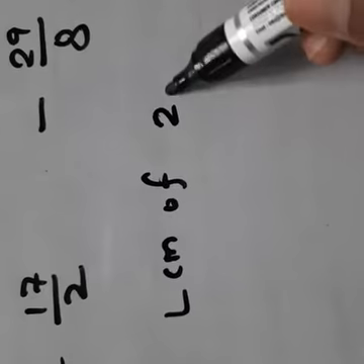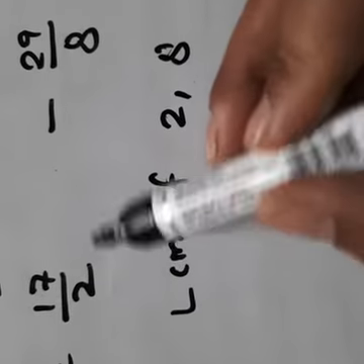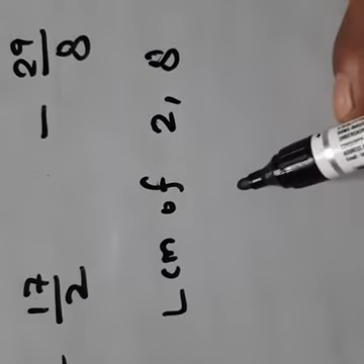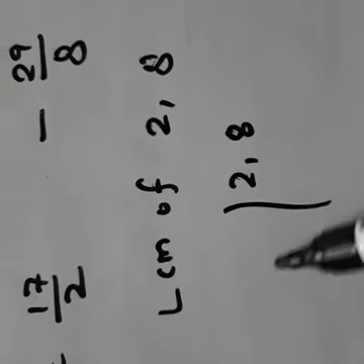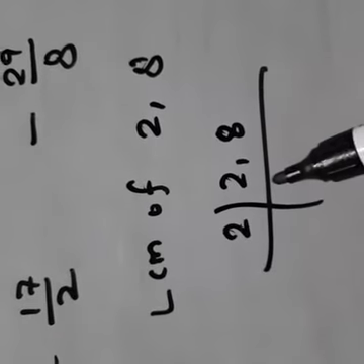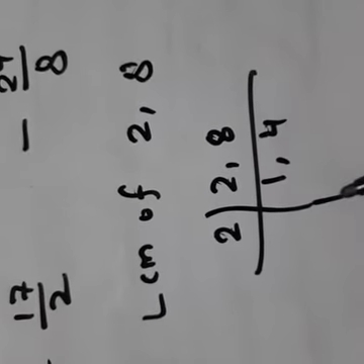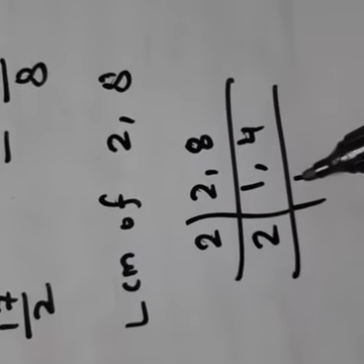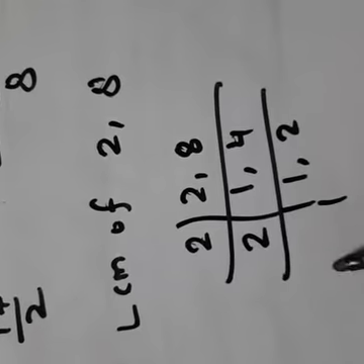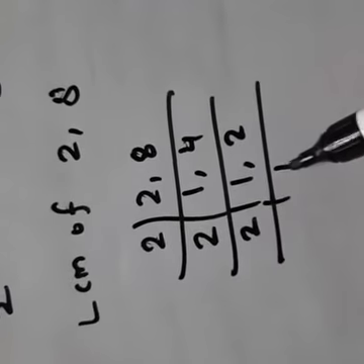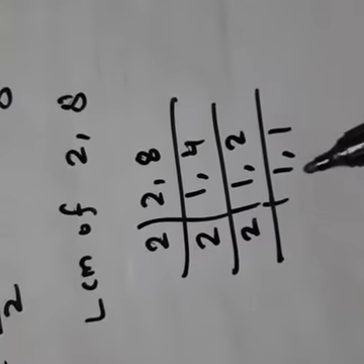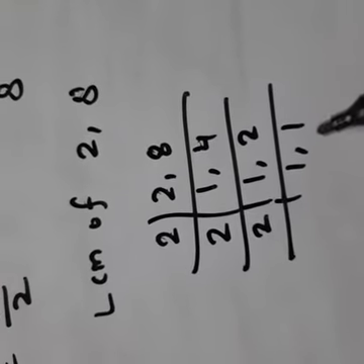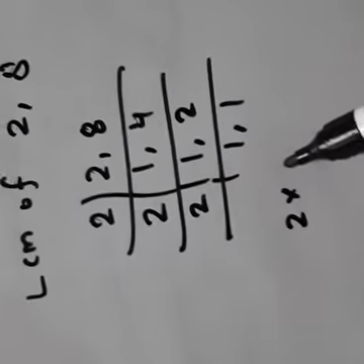So the LCM of 2 and 8: dividing by 2, 2 1s are 2, 2 4s are 8, because both numbers were divisible by 2. Again dividing by 2, 2 2s are 4. Again dividing by 2, we get 1 and 1. Whenever the remainders are 1 and 1, the division has been completed.